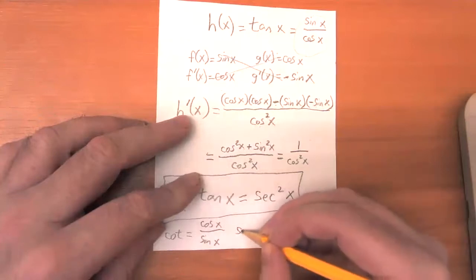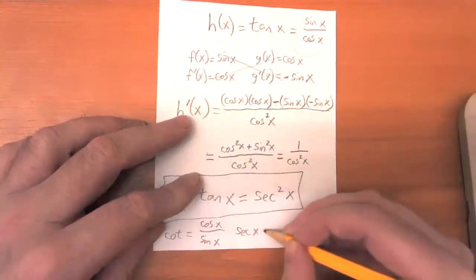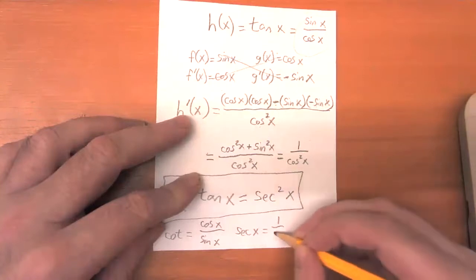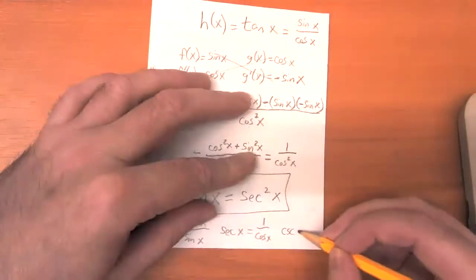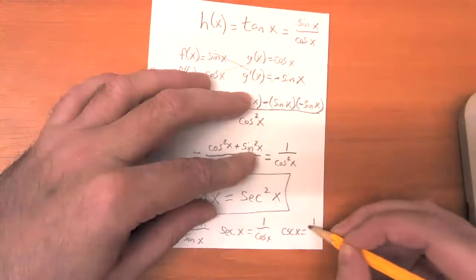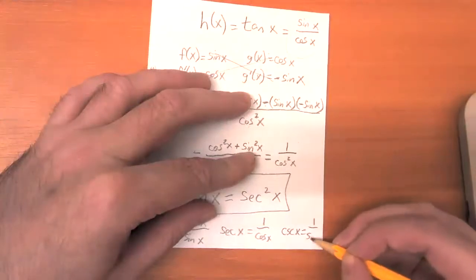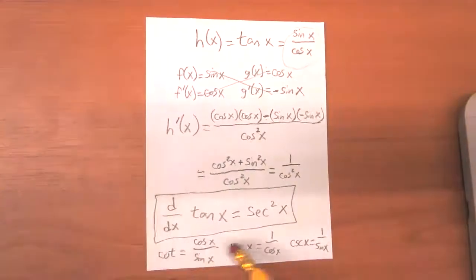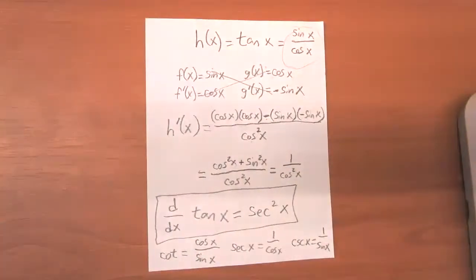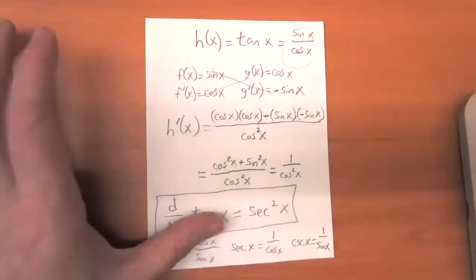We know that secant of x is equal to 1 over cosine of x, and the cosecant of x is equal to 1 over the sine of x. So we can really use the quotient rule for all four of these functions. And rather than do that, you can grab a sheet of paper and practice those yourself and see how you are with your trig identities.